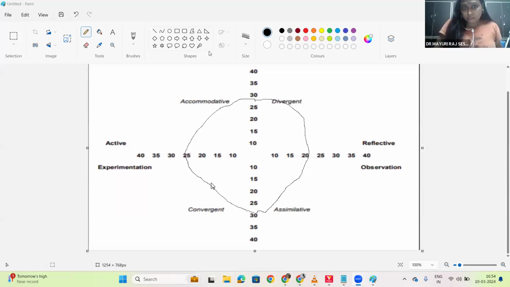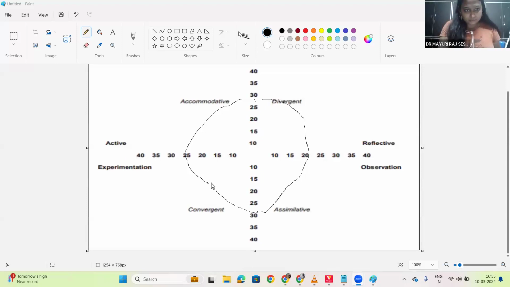What if my concrete experience is 31 and my active experimentation is also 31? They are shared equally. I'll come to these profiles and quadrants shortly. I am just giving time to everyone to complete their exercise, and then I'll come.